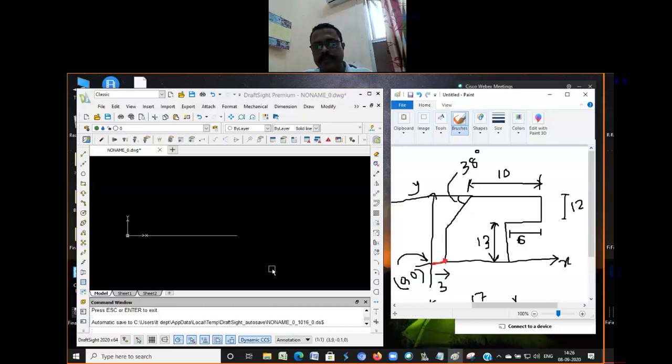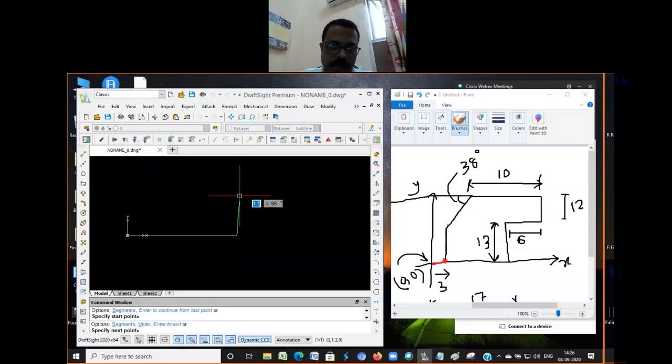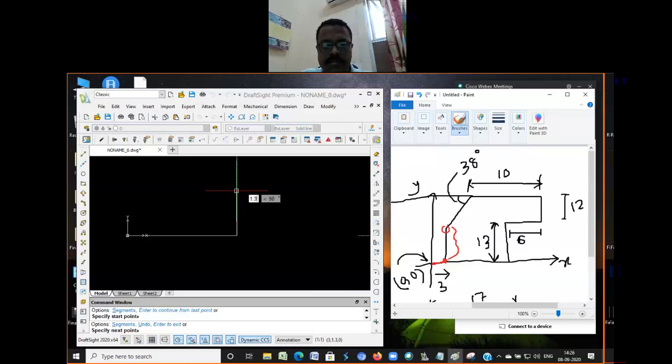Okay. So for that I need to draw a line again from this point. Let us make a line in this direction, but I don't know the length because I do not specify the length of this line. So I will draw a line arbitrarily at 90 degree.